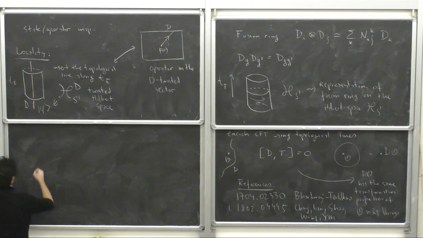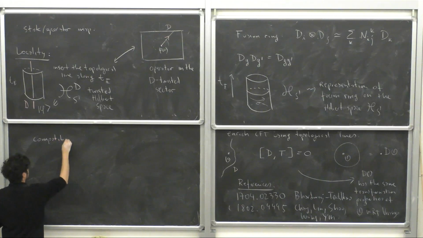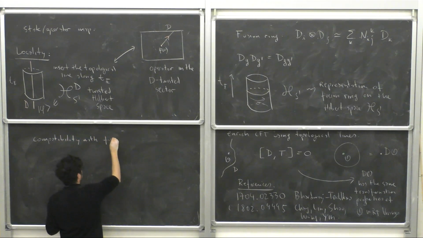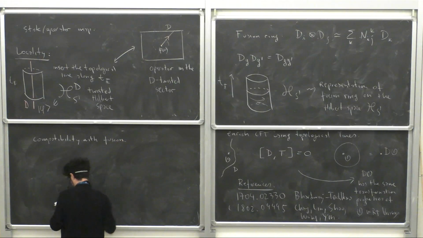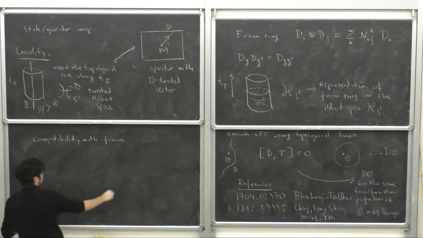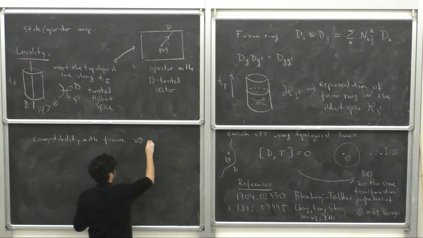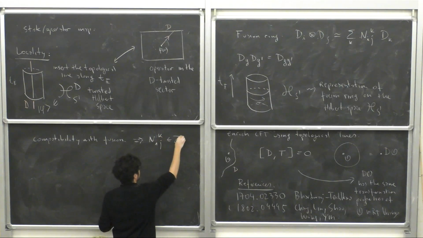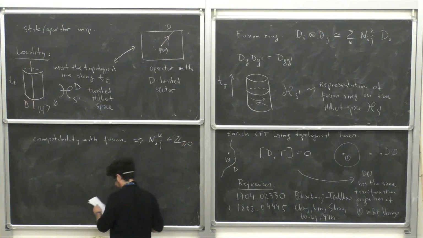So the compatibility with the fusion implies that N_ij^k are non-negative integers.